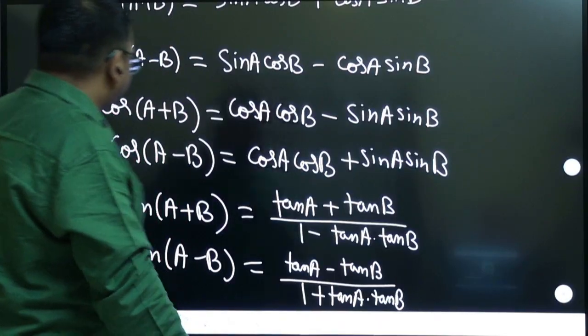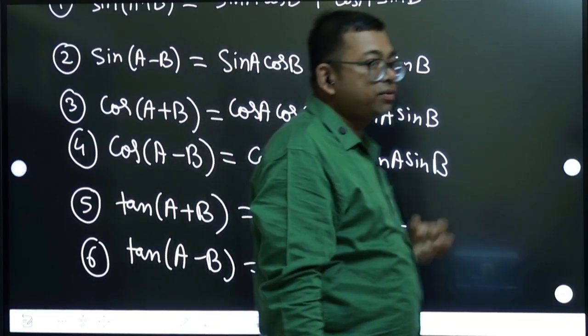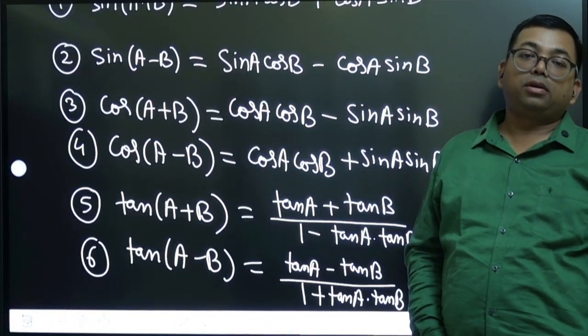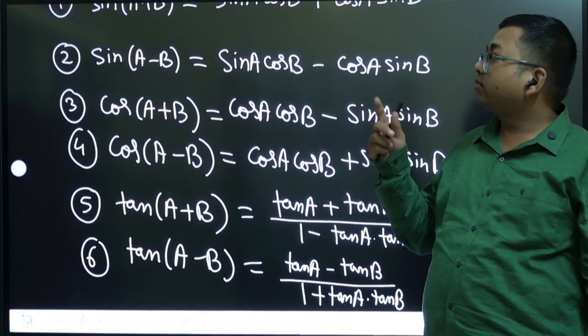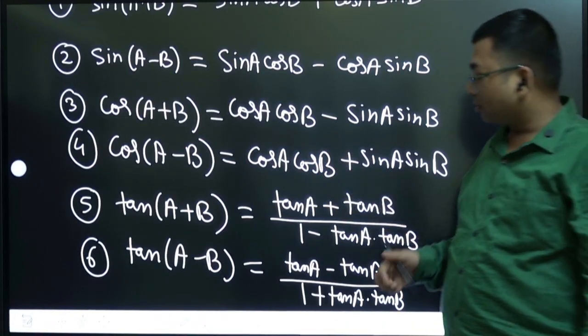Okay, so these are six important formulas. These six formulas are very important because from this many formulas can come. So I will take examples of a few formulas, and I'll make some formulas from this further.